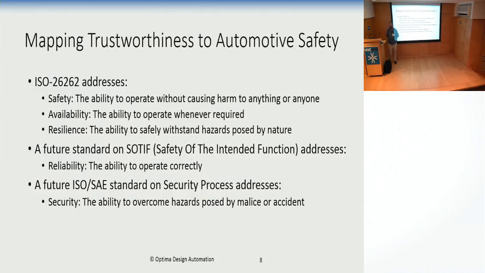SOTIF, the safety of the intended function, is branching off nowadays from the 26262 effort and will probably become a separate document that needs to address reliability. Did I do my design upfront correctly? Whereas the current standard mostly looks at mishaps, assuming everything was designed perfectly, how mishaps can deteriorate it.